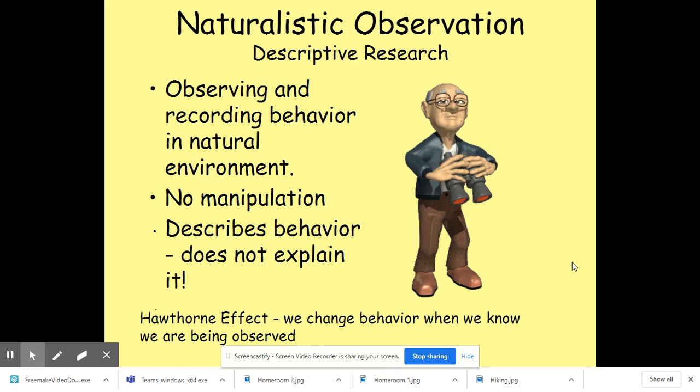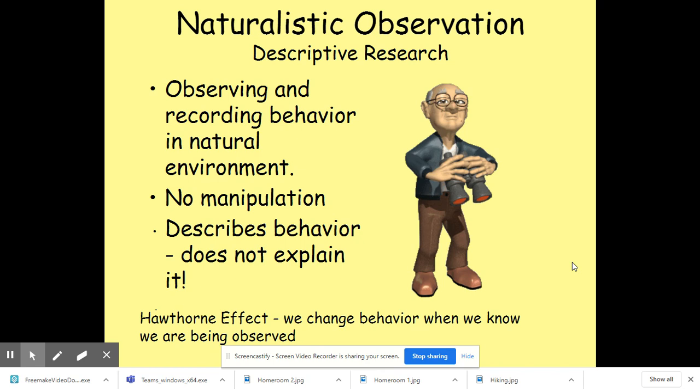And that's what this is. Psychologists just go and observe people interacting naturally with no manipulation at all. Again, all they can do is describe behavior, not explain it.